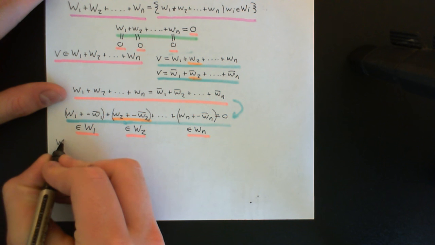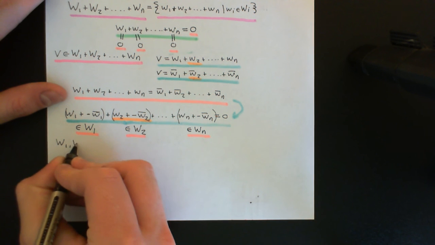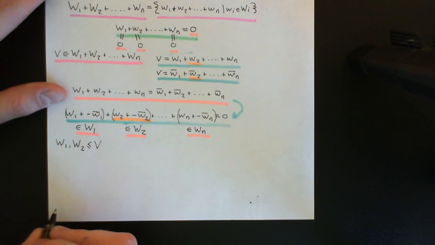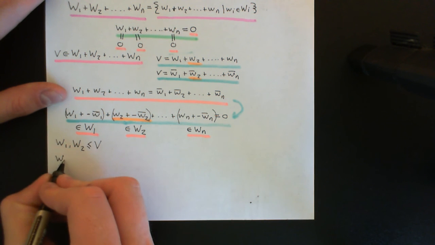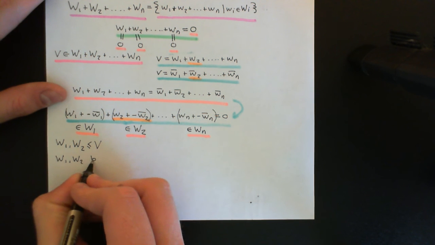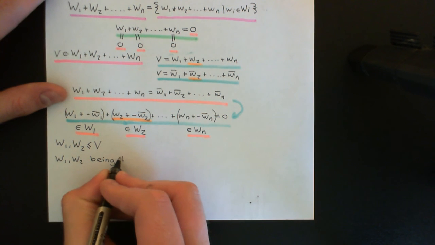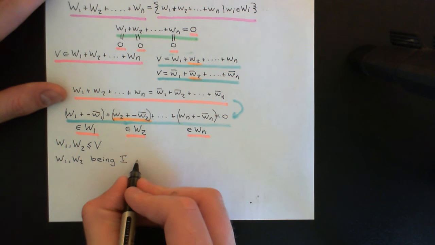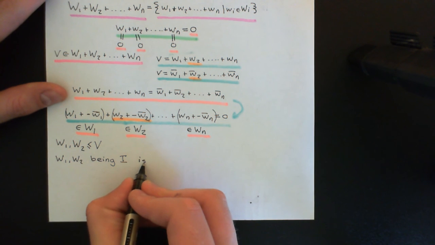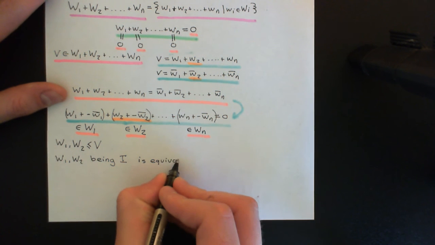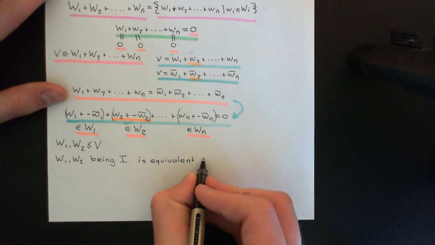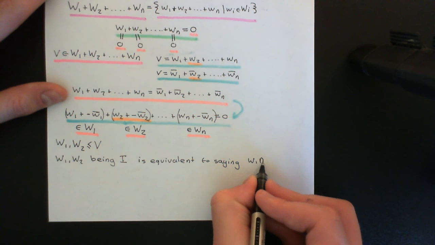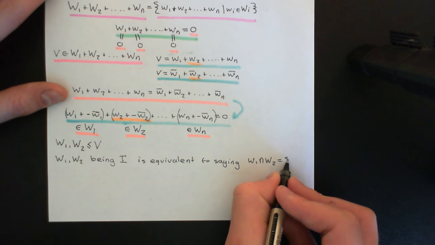Okay, so let's say we have two subspaces of a vector space. Let's say we have capital W1 and capital W2, which are subspaces of our vector space capital V. I claim that W1 and W2 being independent, and I'll abbreviate independent to I, is equivalent to saying that the intersection of these two, W1 intersect W2, is equal to the zero vector.